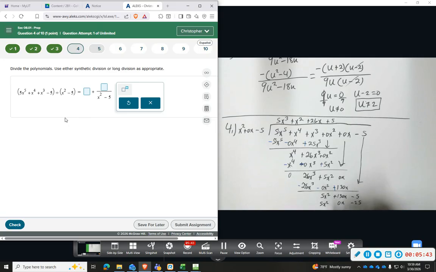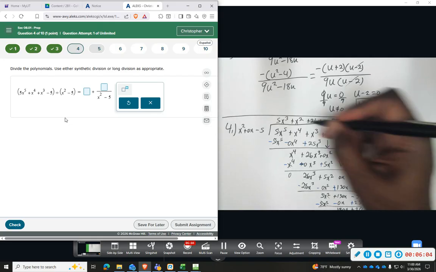Change the signs and combine, which we're kind of at the edge. What happens, that zeroes out. 130, and this will give us positive 20. 130x plus 20 is our remainder.